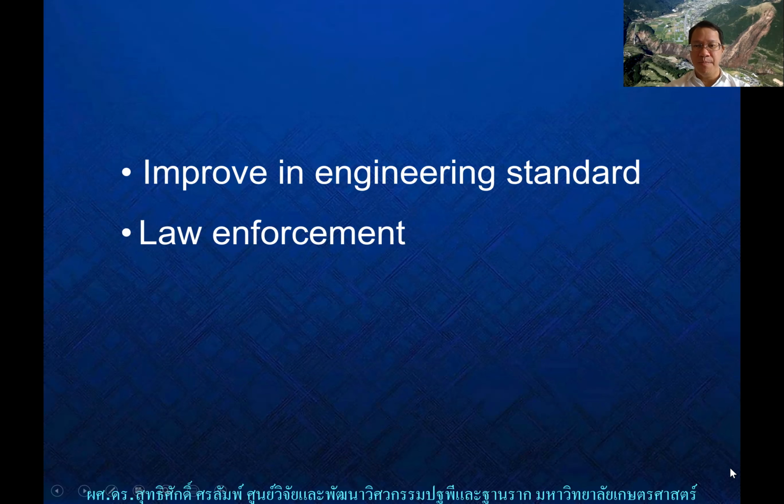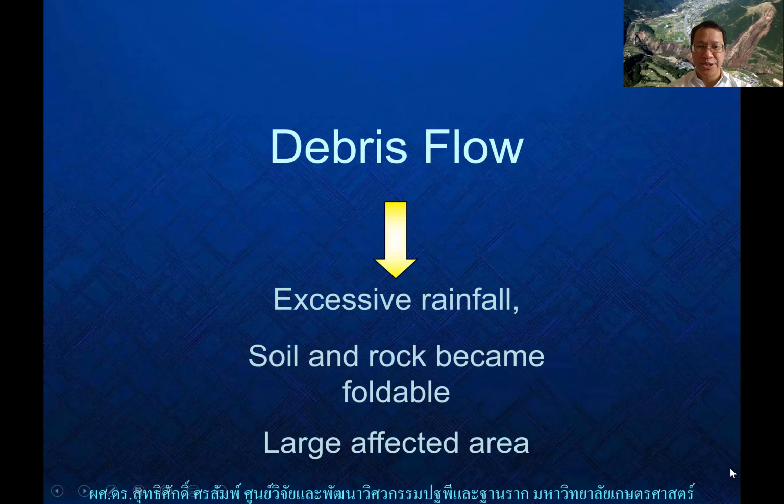The second type of landslide is debris flow. It occurs because of natural events from excessive rainfall. When you have a lot of water from the rainfall pouring down onto the slope, finally the slope gets eroded, and then the slope starts to slide, mixed with the eroded soil, rock, trees, everything sliding down.